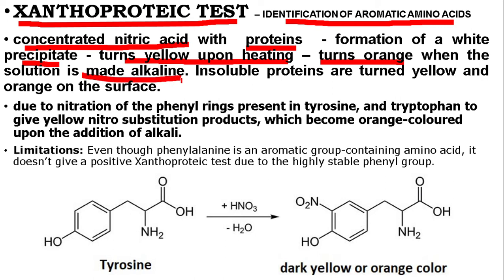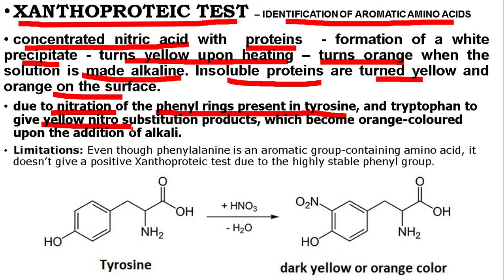And remember, if you are using insoluble proteins, they turn yellow on the surface only. Yellow and orange on the surface. What happens here? This is because of nitration. When nitric acid is added, nitration takes place on the phenyl ring present in tyrosine, tryptophan, etc. And we get a yellow nitro substitution product.